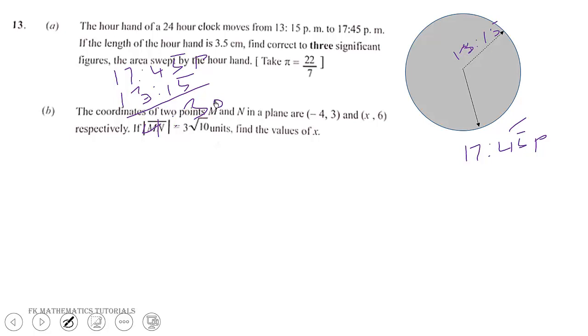So if each hour is 30 degrees, then the 4.5 hours will be equivalent to 4.5 times 30 degrees. And that will give us 135 degrees. So the angle over here is 135 and the radius is given by 3.5.